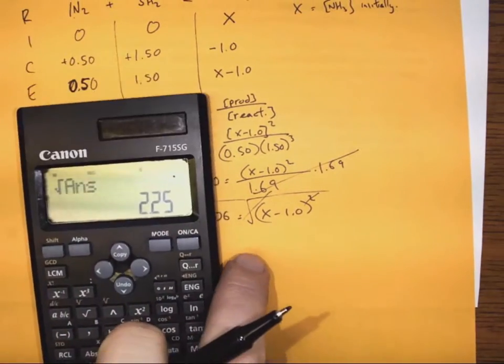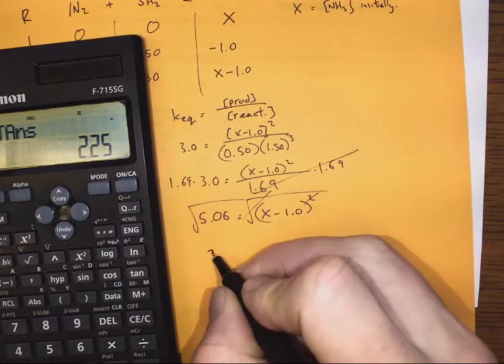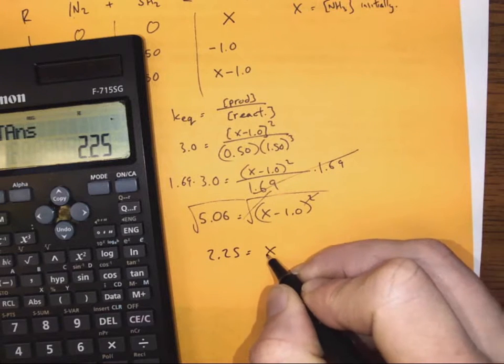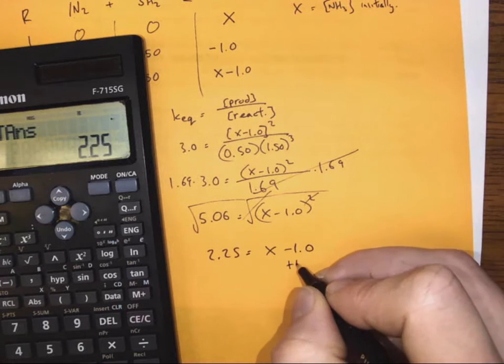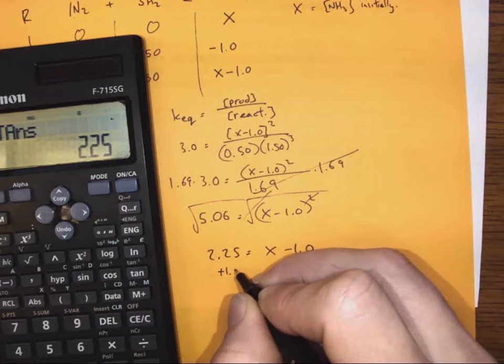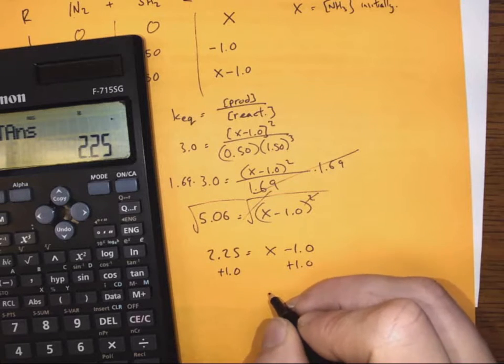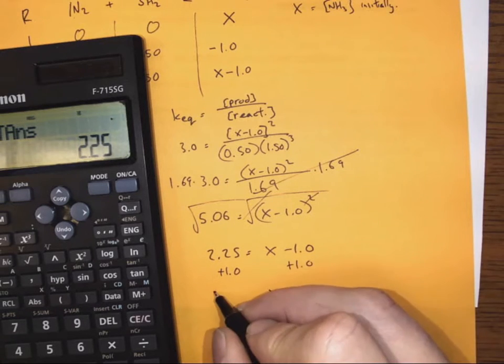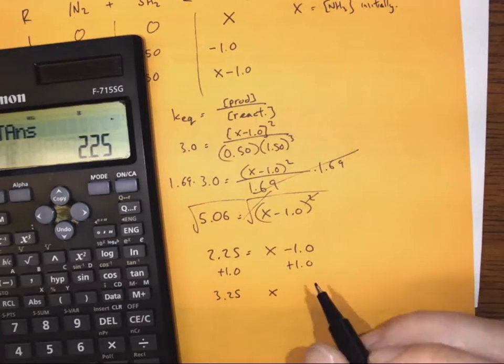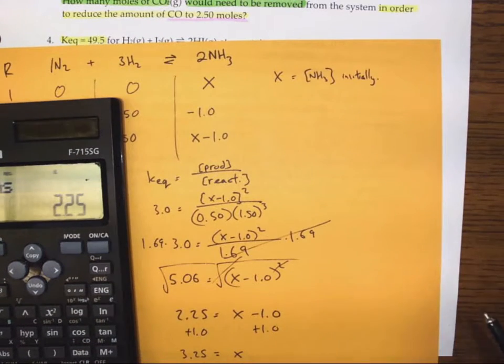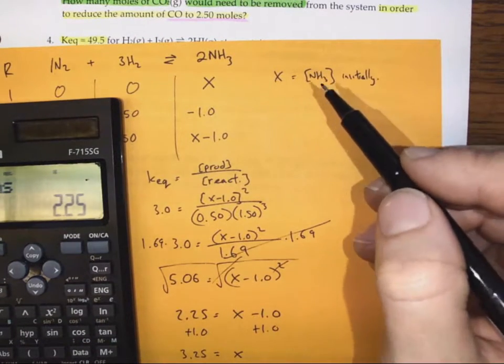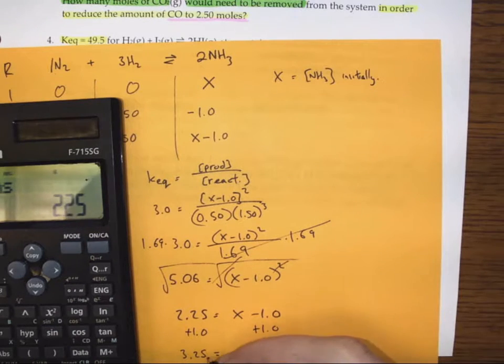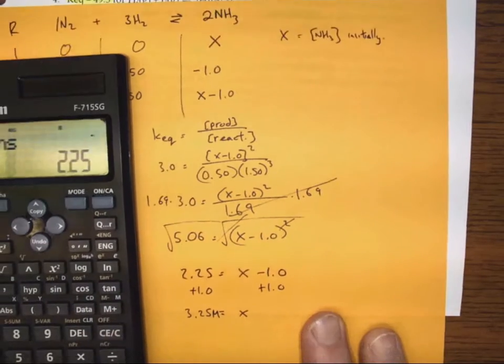And I get 2.25 is equal to X minus 1.0, so I can add 1.0 to both sides. And so X is 3.25. And X represented a concentration of ammonia initially, so that means this is in moles per liter.